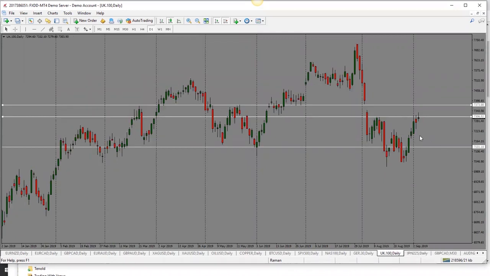FTSE, it is bullish. However, we are right into the resistance here. So I would be careful with this one. So my bias here is neutral, even though this is pushing higher. But if it doesn't close above 7,300, then price could come back down.